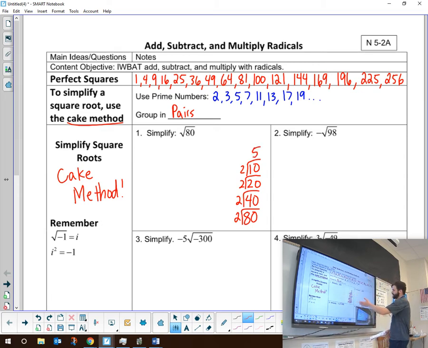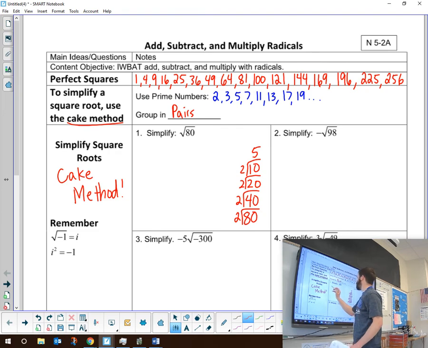Okay, so we were able to simplify it down. Now the reason this works is the numbers that are on the outside of my cake are all of the prime factors of 80. And what we can do is take some of those factors and bring them out.